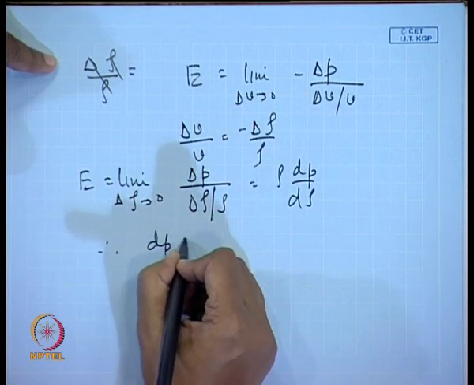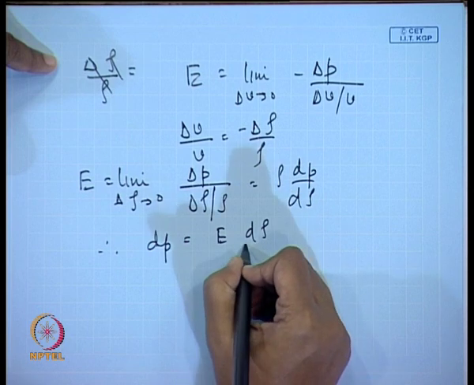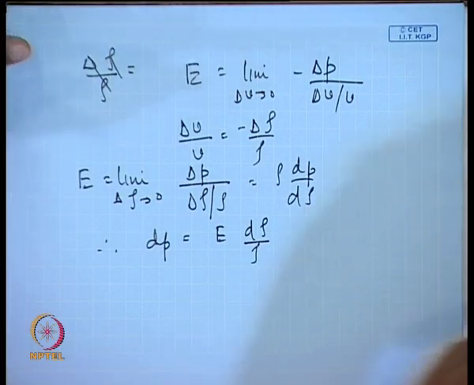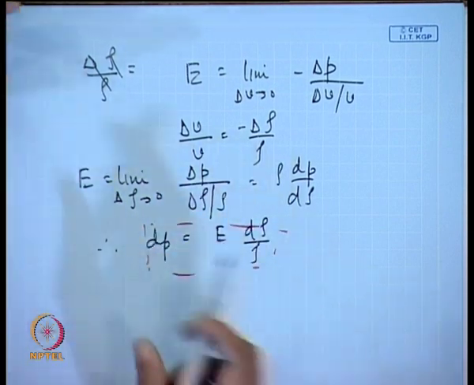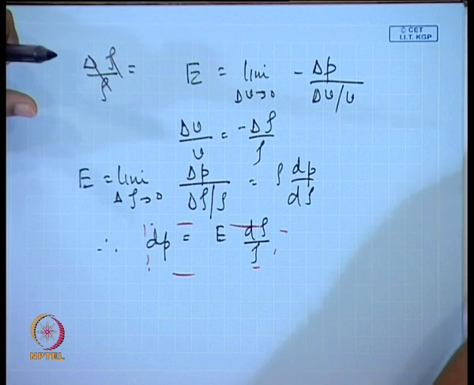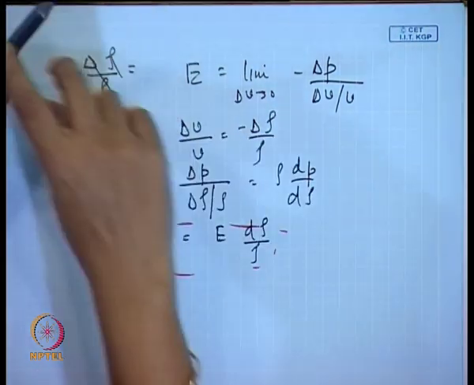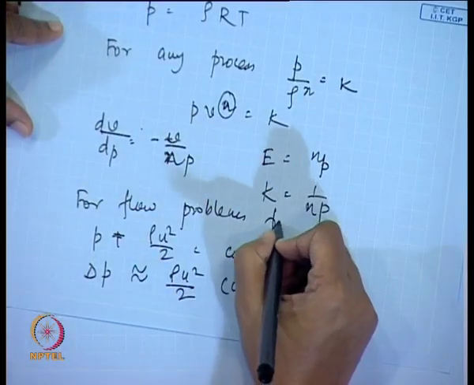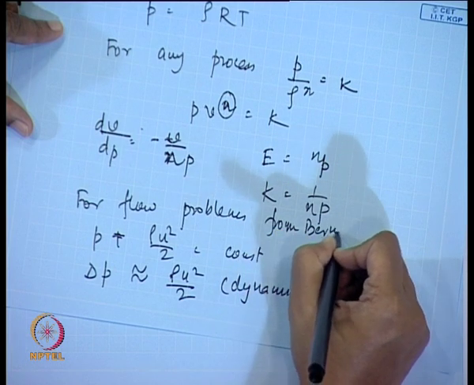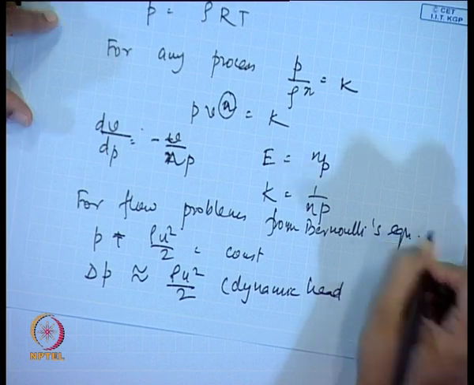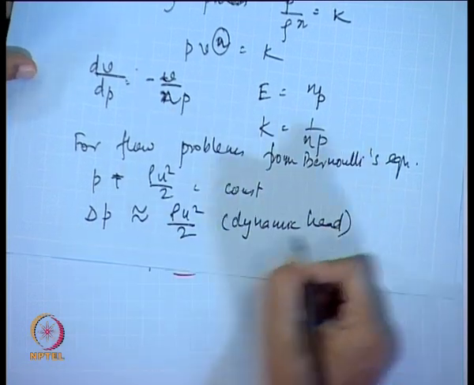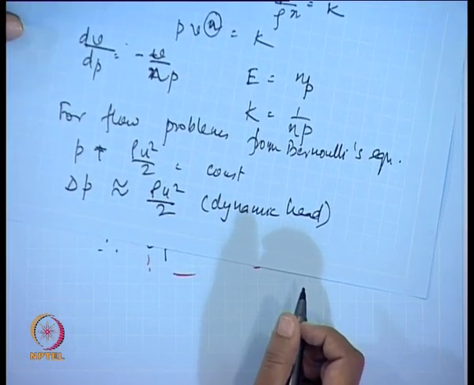So therefore we can write dP is nothing but equal to E d rho by rho. Can we write it down from the basic definition of the bulk modulus of elasticity? We can very well write down this particular equation, agreed, and we can substitute this particular dP in the expression which is obtained from Bernoulli's equation.